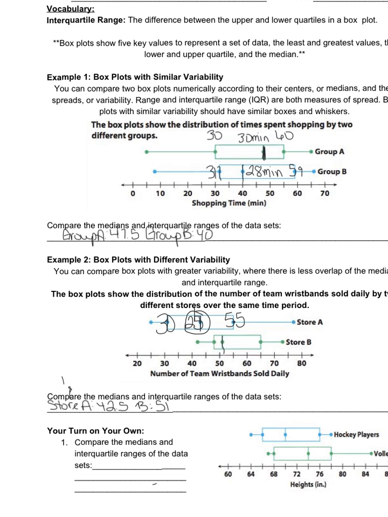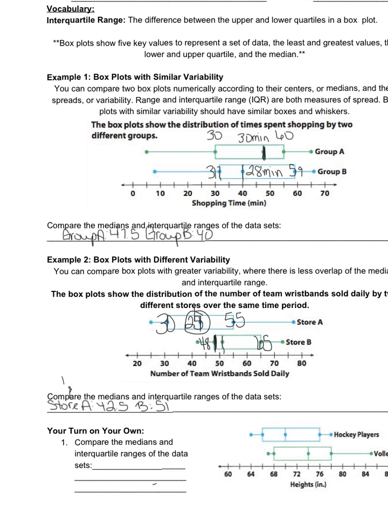And then for store B, the interquartile range here is from, I would say, looking right here, maybe 48. Looks like a little more than half, or halfway between 45 and 50. And then here at 65.